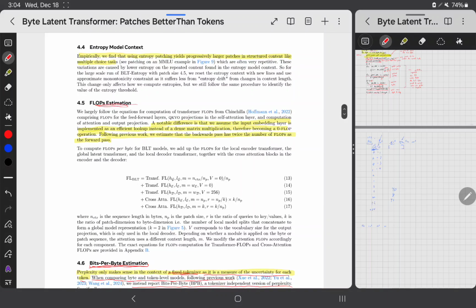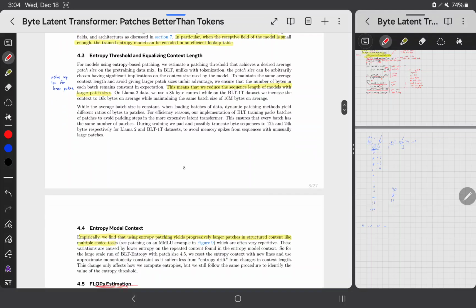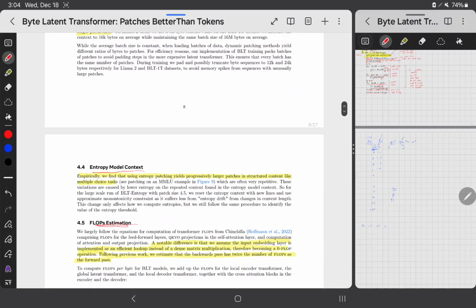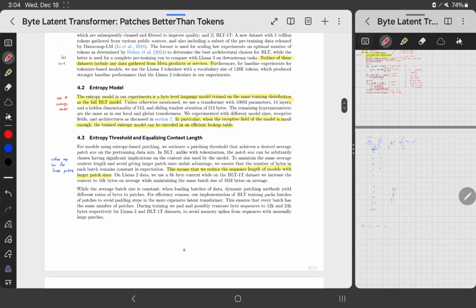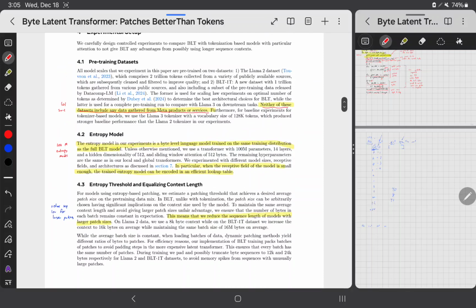They have this flops estimation if you're curious how they calculate their flops. Entropy model context, they look at the entropy model a little bit. They also say that neither of the data sets include any data generated from Meta products or services. Okay, sure, they're trying to cover themselves. No, I'm kidding.